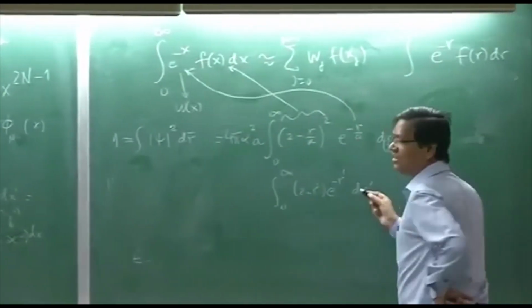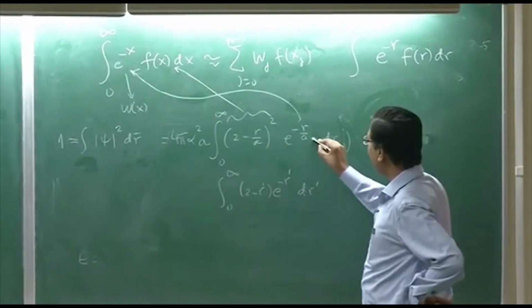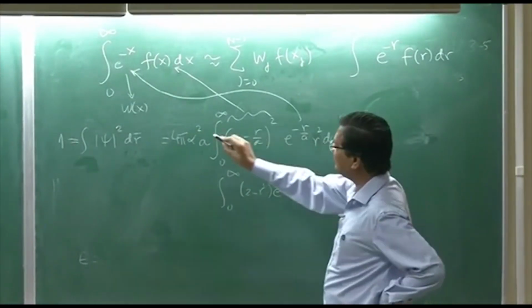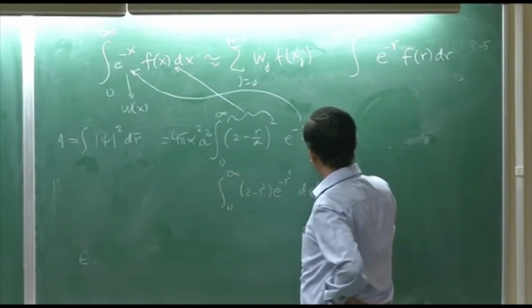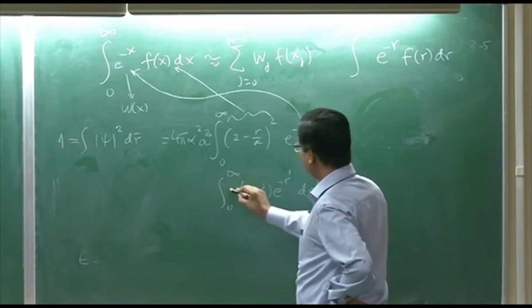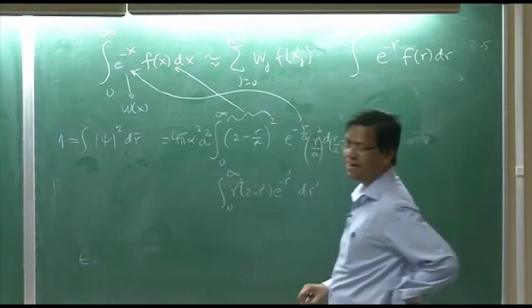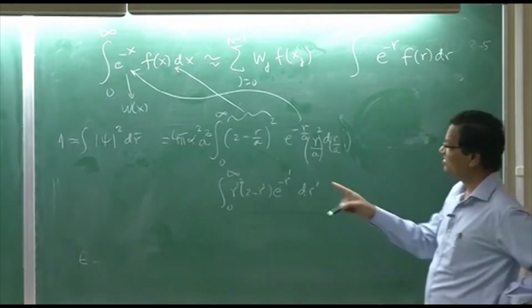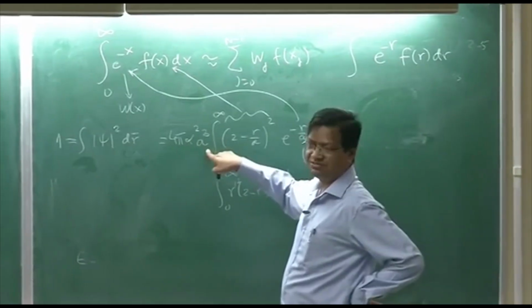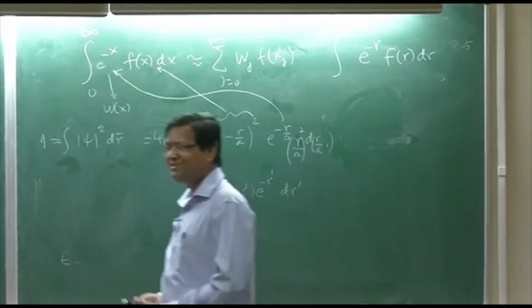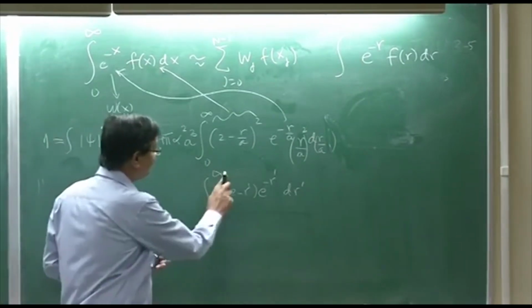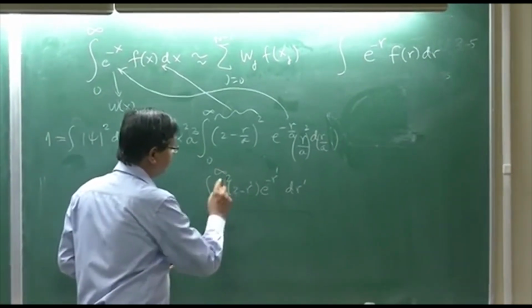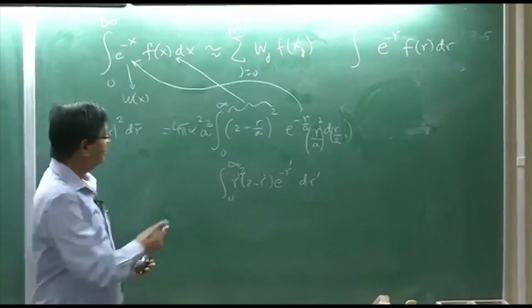It is r squared dr, not r dr. So in fact I should put a cube outside, because I have to divide by r by a, whole. Now the dimensions are cancelled. This is another way to check whether I am doing it correctly or not. So I need to compute this object, r prime squared.